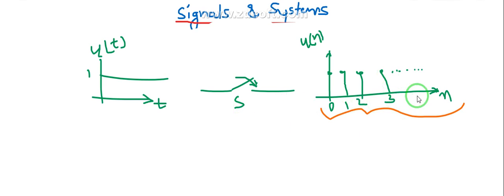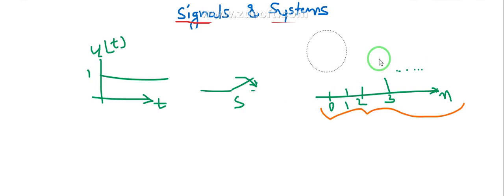Another way to generate the unit step function: as I told you in the last video, there is the delta function, or impulse function, or unit impulse function. How will you represent that? It is zero everywhere except at zero, where it is a constant one.